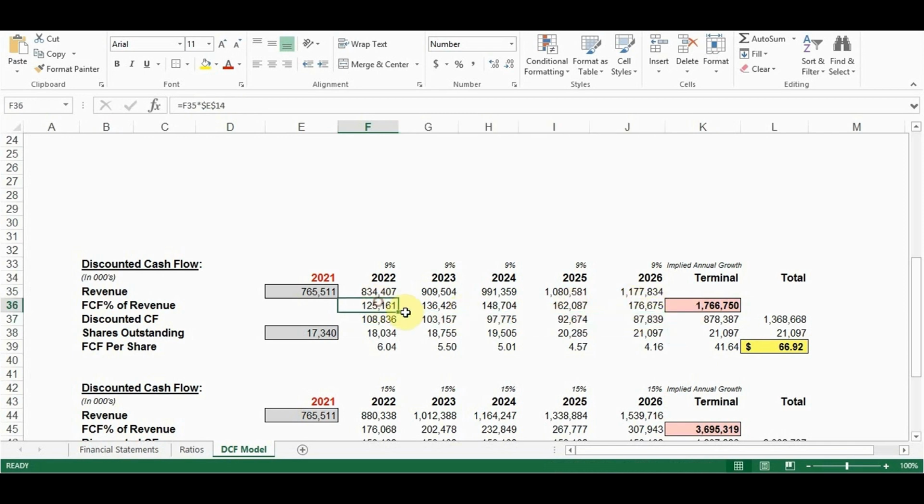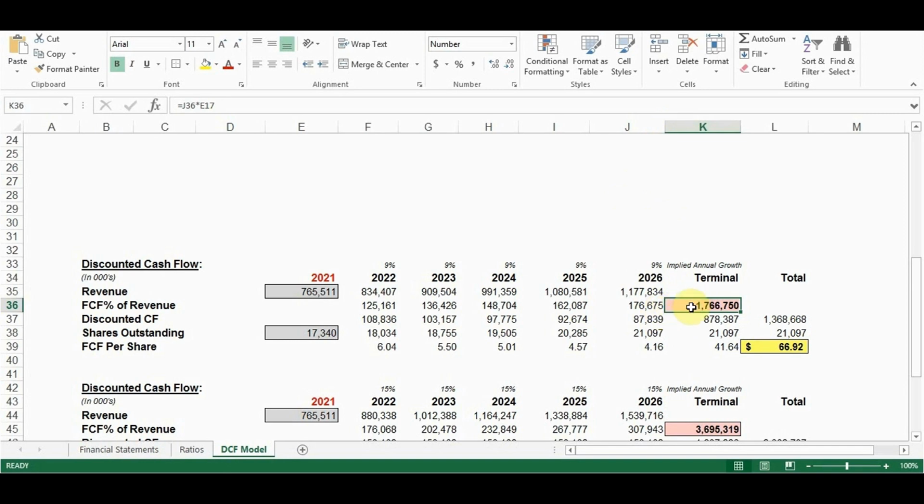So basically, what's going on here is you have your discounted cash flows, your free cash flow percentages of revenue. What you want to do in the final year is calculate your terminal multiple, or your terminal value, basically. What that is, it's your projected market cap, what you think the company is going to be worth based on your assumptions in 5 years, or however many years are in your model.